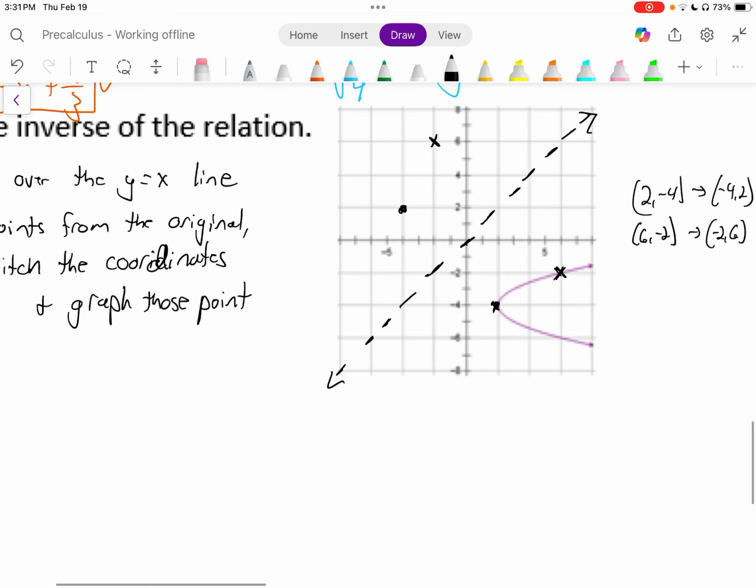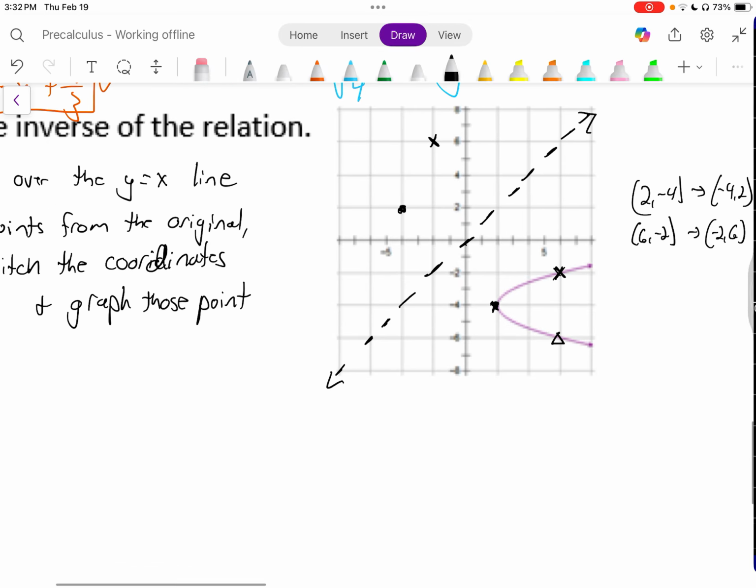Let's go ahead and put a little triangle on this point. What point is this? This is 6, -6. So switching those two, we get -6, 6. So -6, 6 is here. And maybe we see what's happening now.